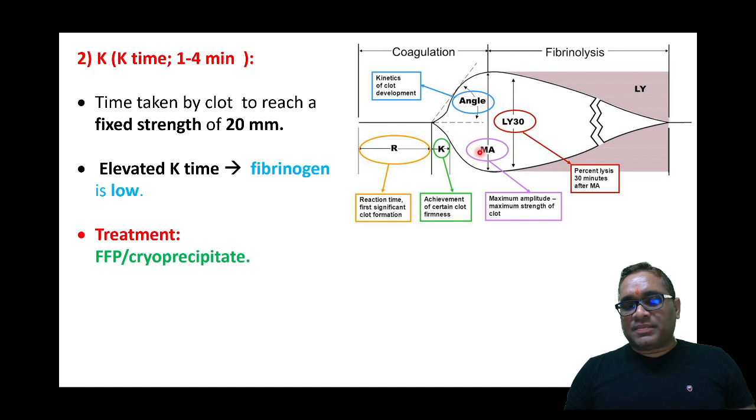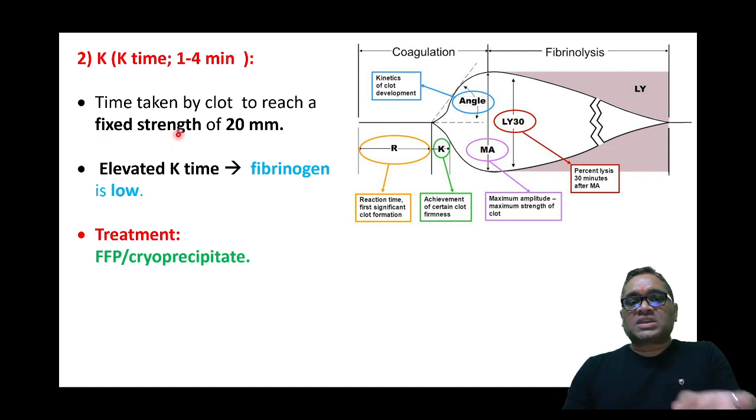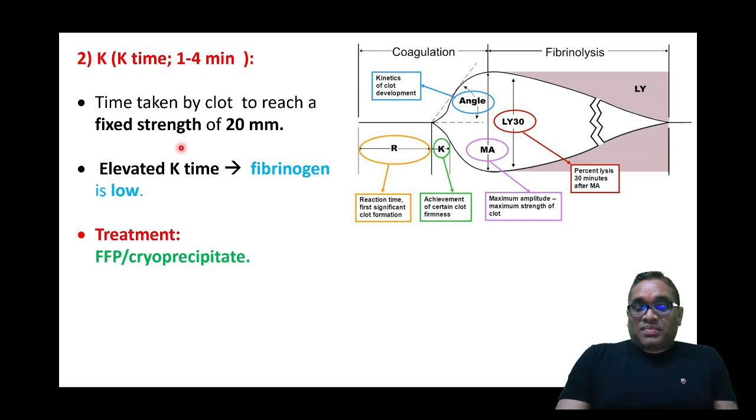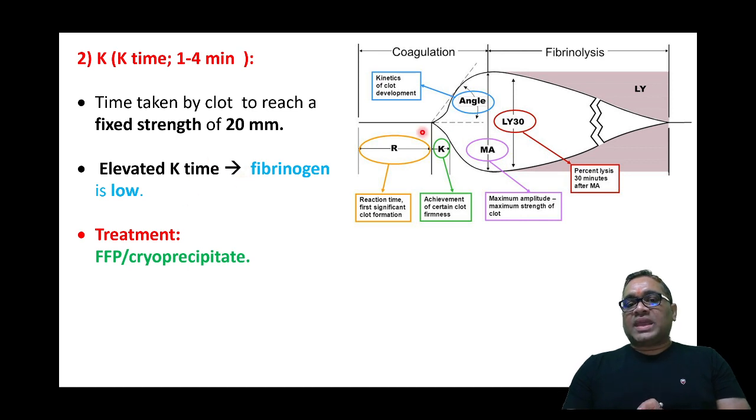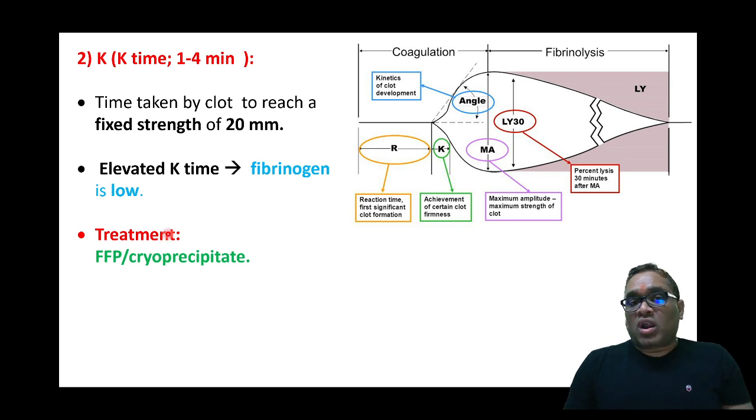If K time is prolonged, see, the clot strength increases because fibrinogen is converted into fibrin. So whenever this K time is prolonged, it means fibrinogen is deficient. That is why fibrin is not getting formed, right? That is why we are not getting the fixed strength.